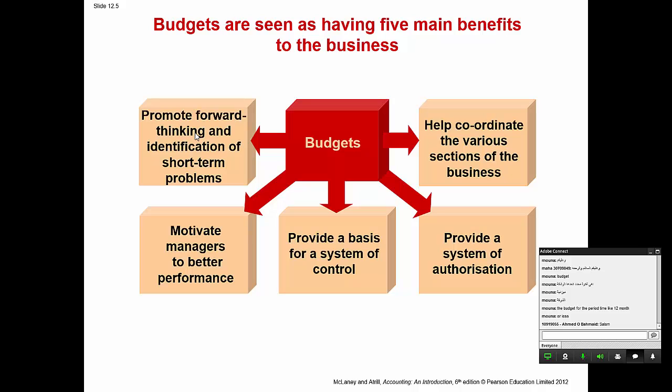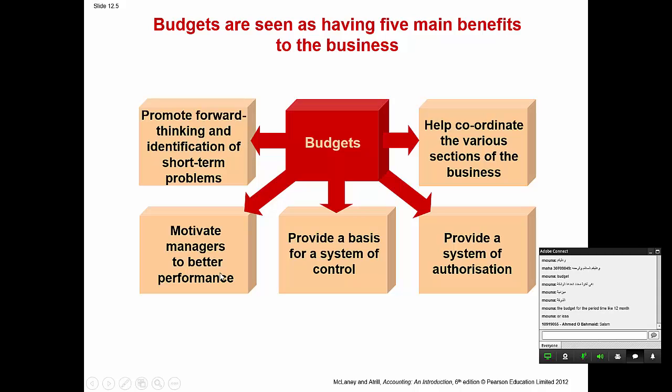When the managers of the organization think of doing a budget, then they think in a forward way. They think how to plan, and they will have some new skills, which is forward planning. So this is one of the benefits that the budget gives to the business.